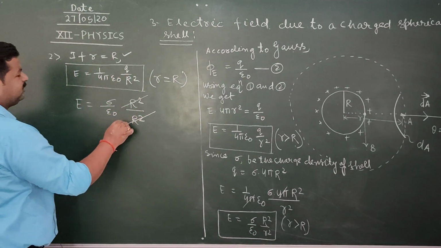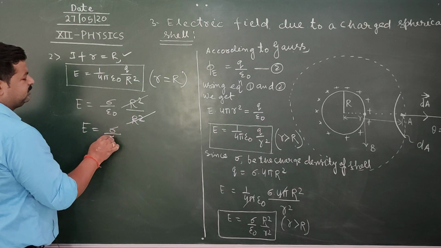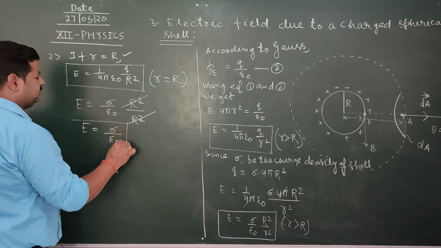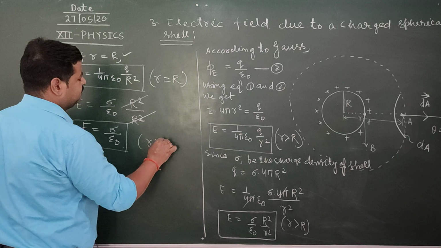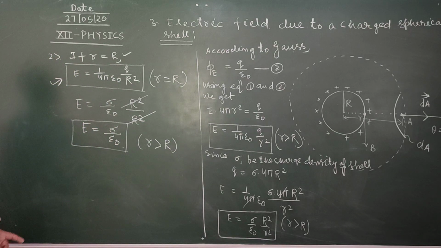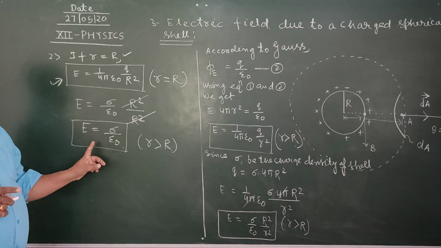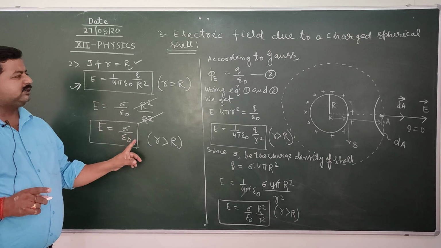So here the r squares cancel each other, so E is equal to sigma by epsilon naught. So this is the second part of the derivation. Clear? This is the electric field at the surface in terms of the charge, and this is the electric field at the surface of the cell in terms of the charge density.